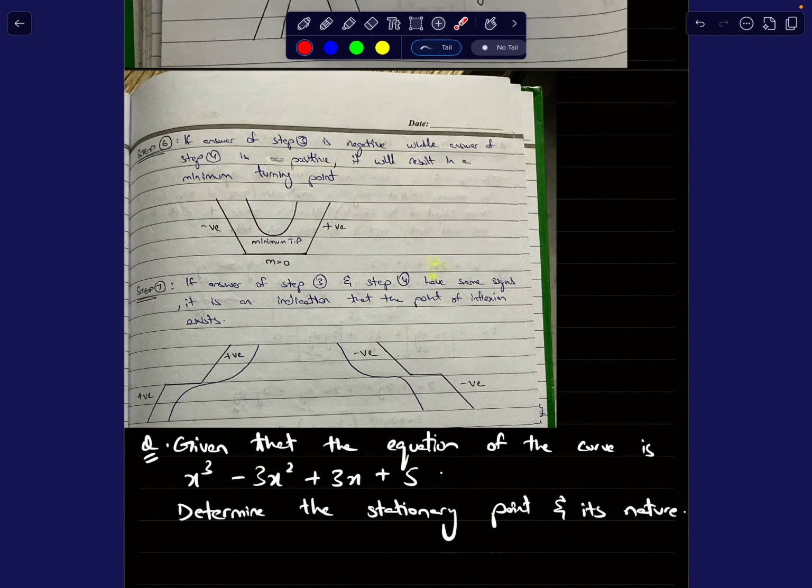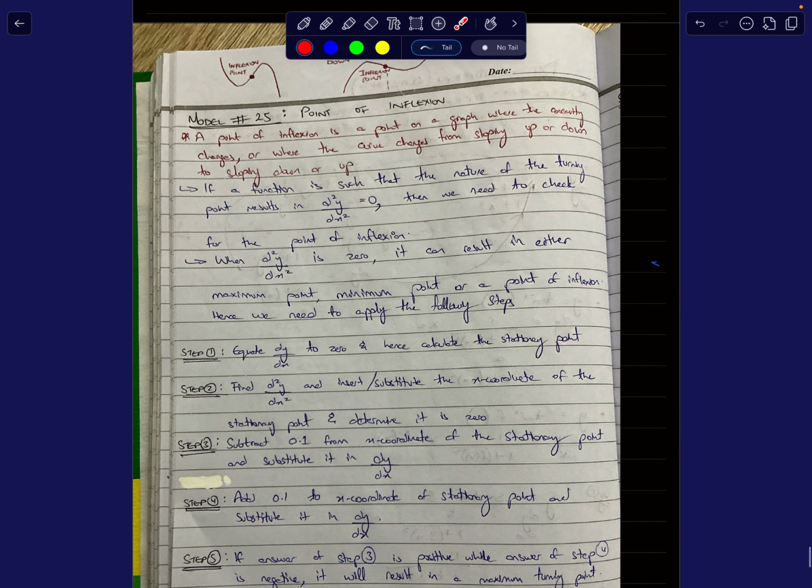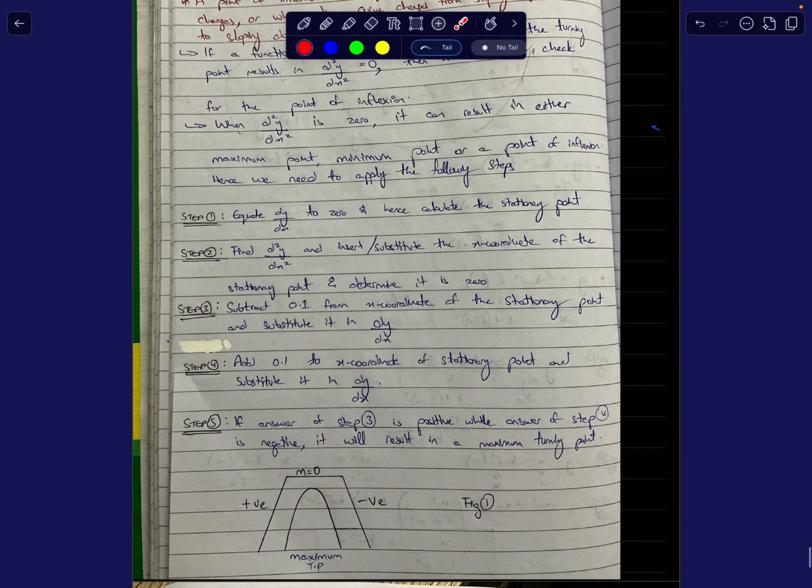Alright, so I'll recap. First of all, you need to find the differential and equate it to 0 in order to find the stationary point. Once you have the differential, you will differentiate it again, that is, find the double derivative and substitute the x coordinate of the stationary point and make sure that it is 0 and your stationary point is correct.